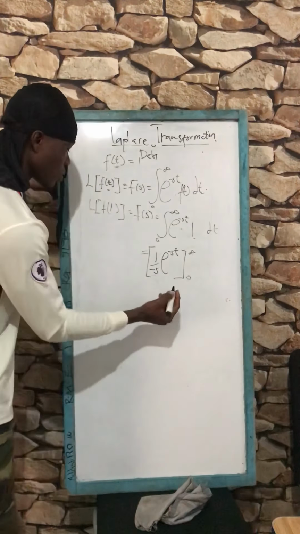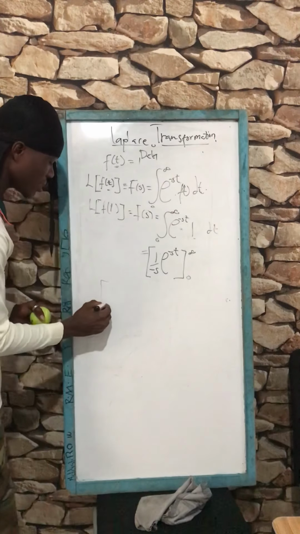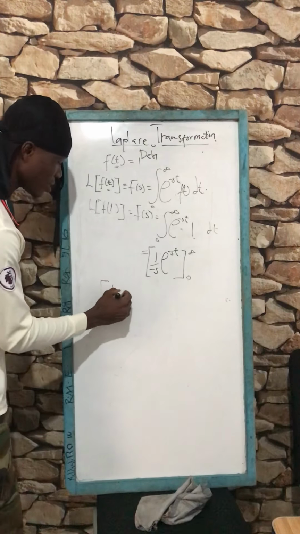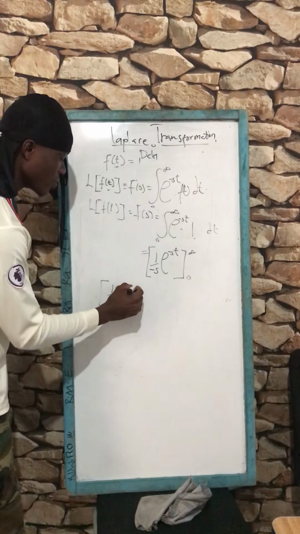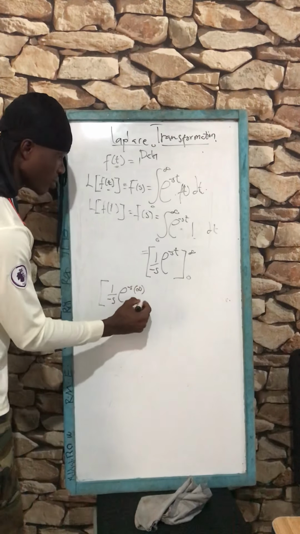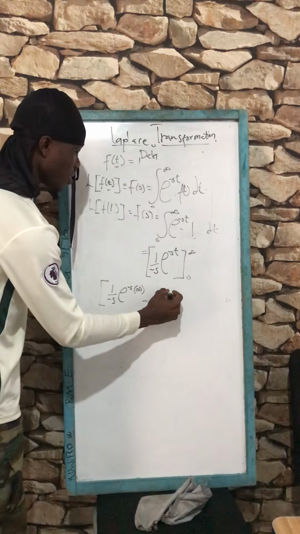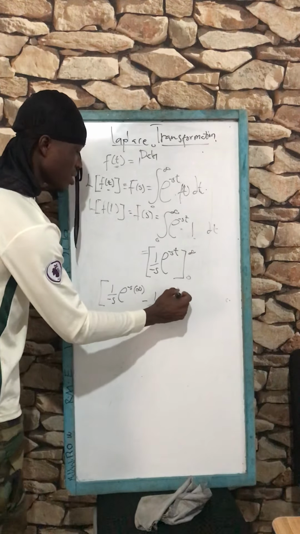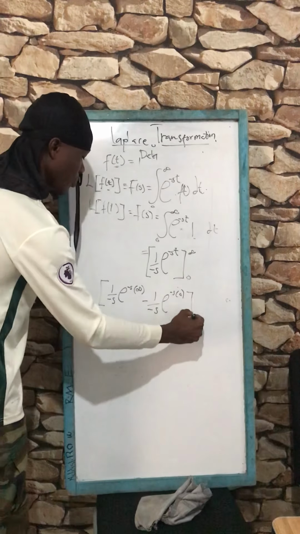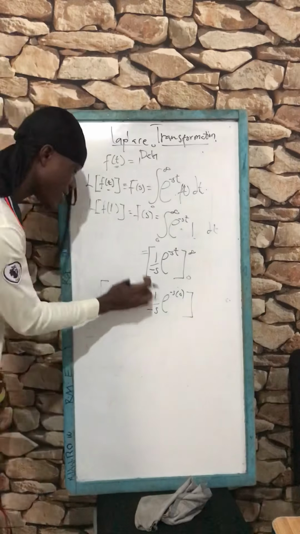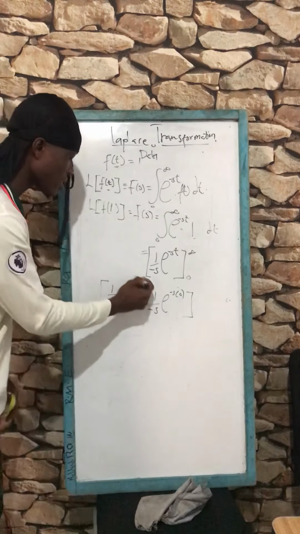Okay, so let's continue. Let's open our brackets. 1 over negative s times e to the negative s times infinity, minus 1 over negative s times e to the negative s times 0. Okay, you are subtracting. Basically, just put it in your mind: this side is 0.